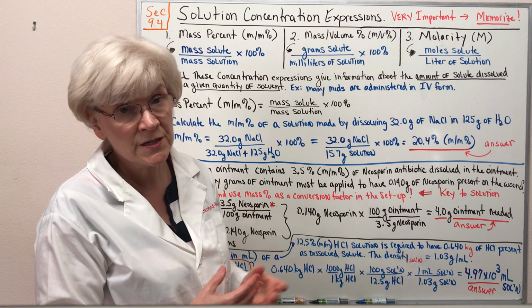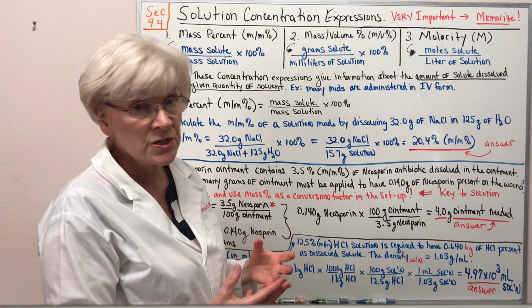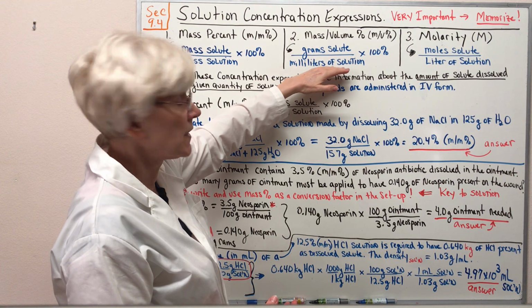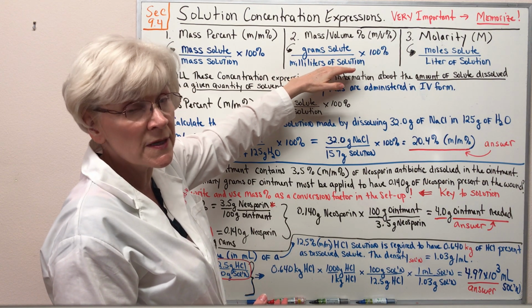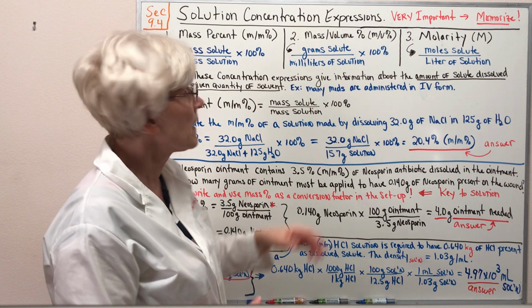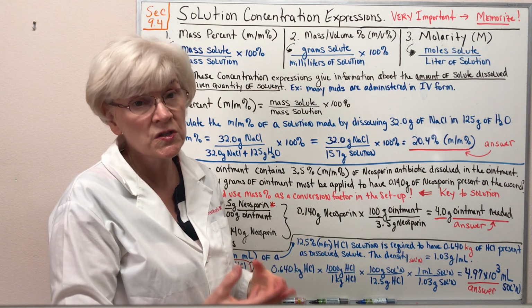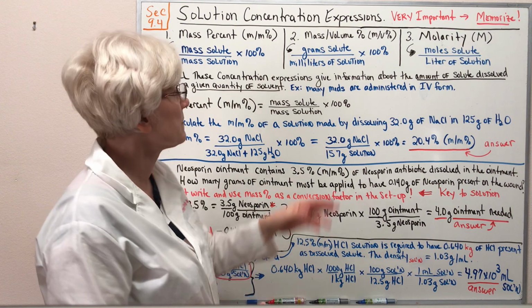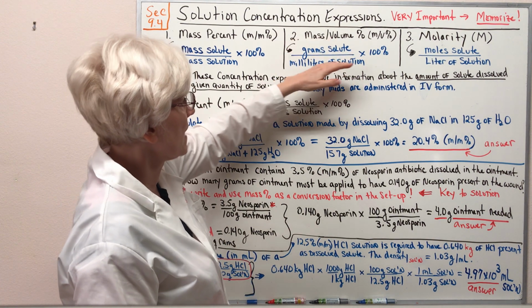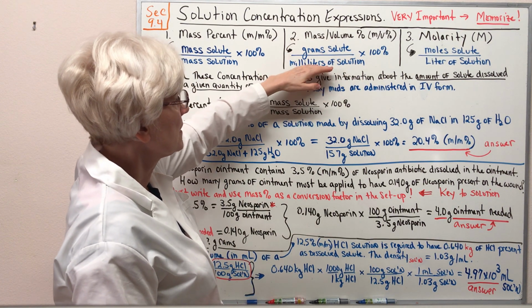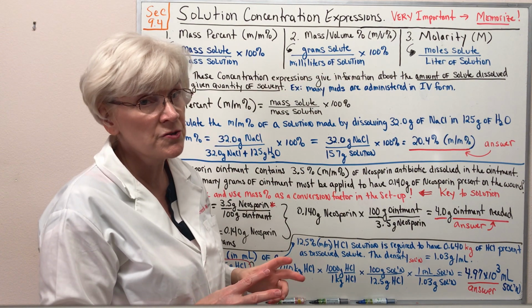And as I mentioned with IV medication, you often are measuring the total volume in milliliters of the IV given, and you want to know how many grams of medication, grams of solute, are dissolved in that. So mass/volume percent: grams of solute divided by milliliters of solution.